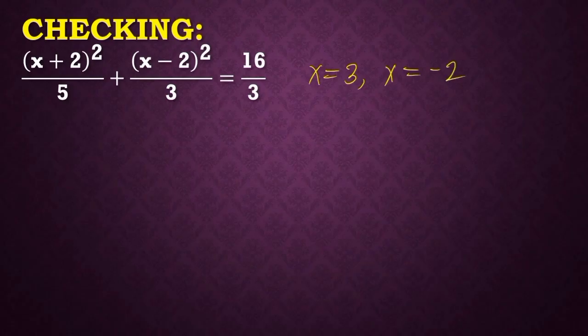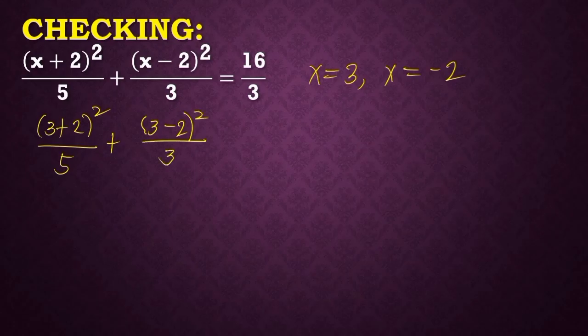So, 3 muna. So, 3 plus 2 squared all over 5 plus 3 minus 2 squared over 3 is equal to 16 over 3. So, 3 plus 2, that is 5.